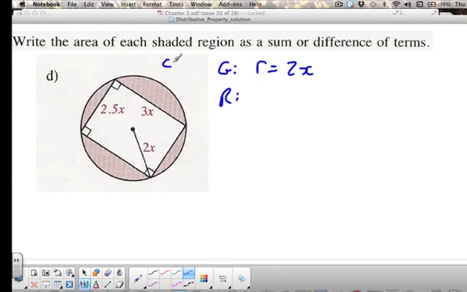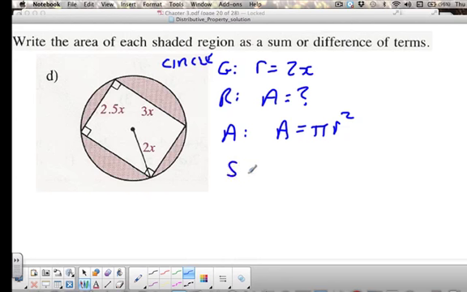So we're going to apply our formula, which is area is equal to pi r squared.